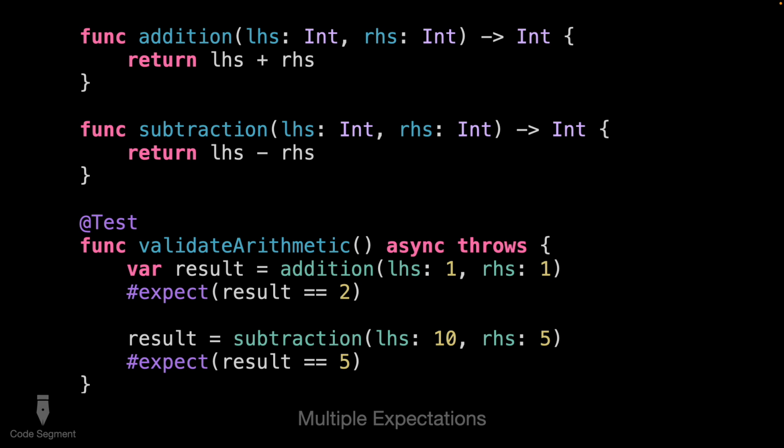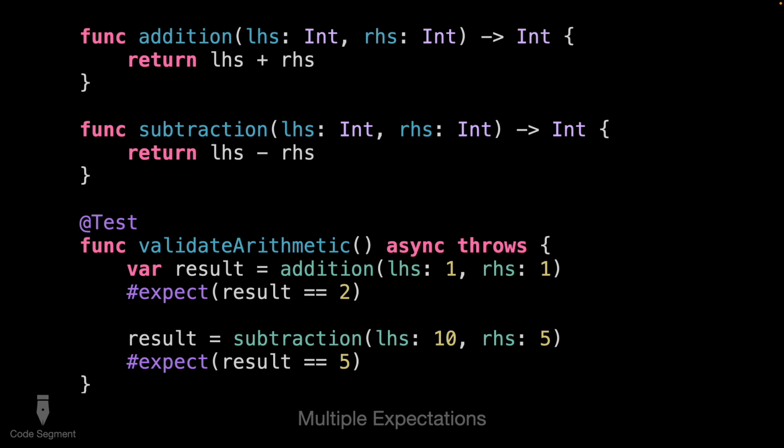We don't technically need to know that in order to write this test. And that's something that's going to be key a little bit later on when we talk about black box and stuff like that. But basically, you can have #expect, and if it fails, it will continue on to the next one, and it will run that, and so on and so forth, all within that same function.